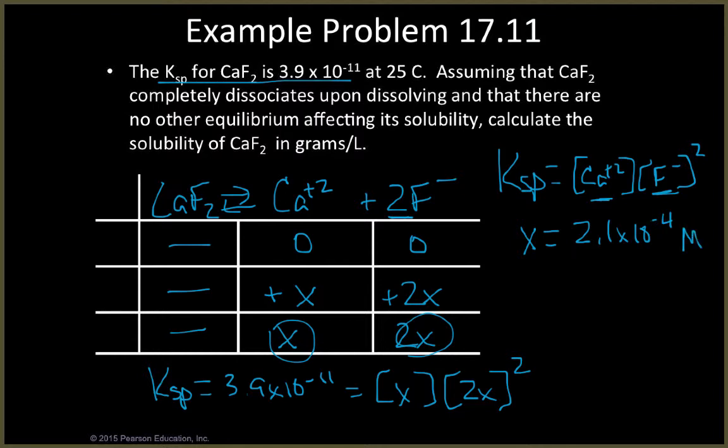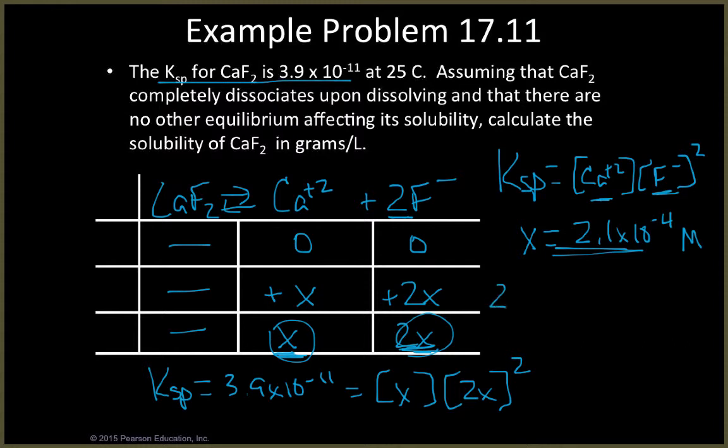So what that gives me is the concentration of ions in solution. If I want the concentration of calcium ions, it's equal to just x. If I want the concentration of fluorine ions, I have to take 2 times that x value. Now what this one is asking for is the solubility in grams per liter. So this is the molar solubility. What we have to do then is change the solubility to grams per liter.